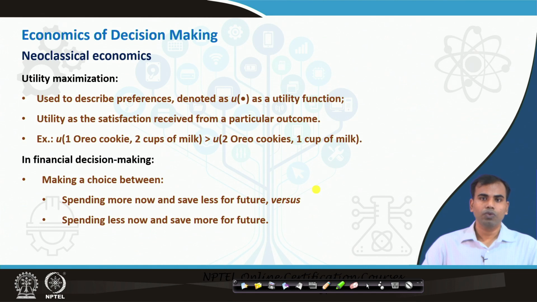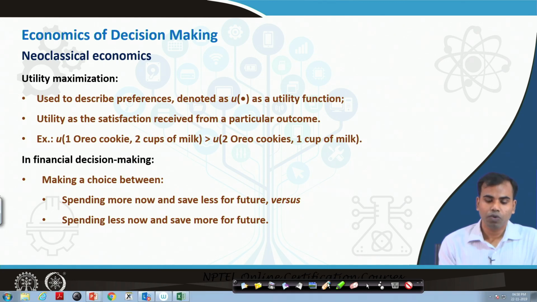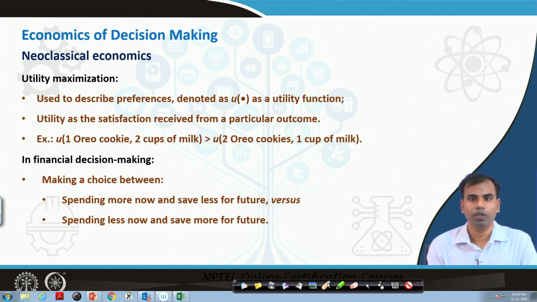Let me try to show you with the example that we had discussed in the previous session. Suppose you have 100 rupees and you have two choices: to spend now or save it for later.